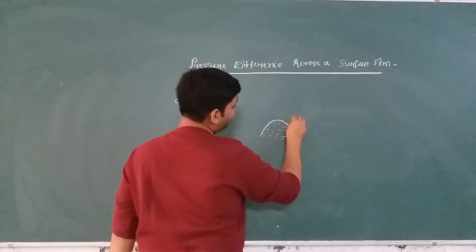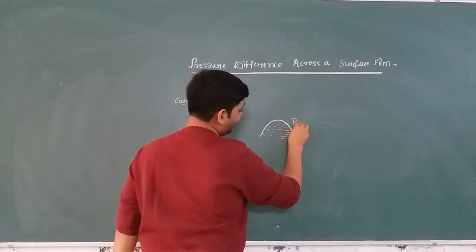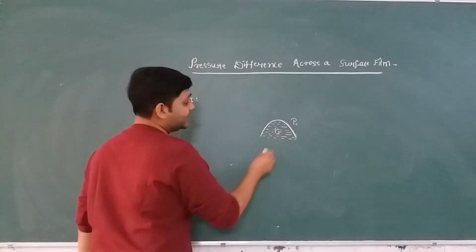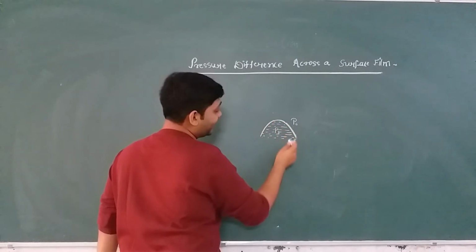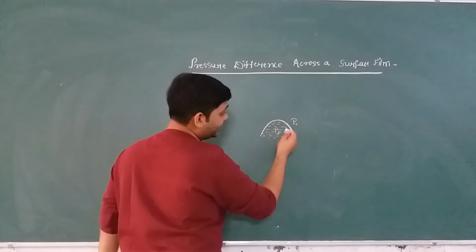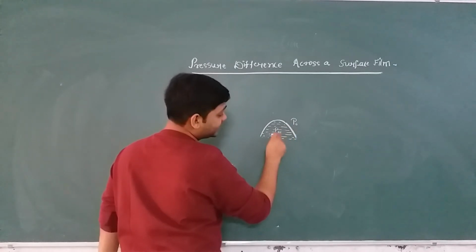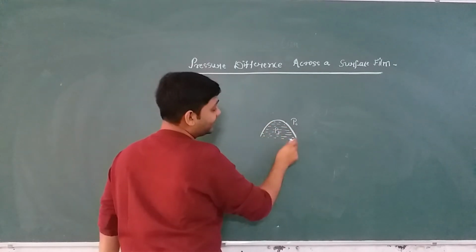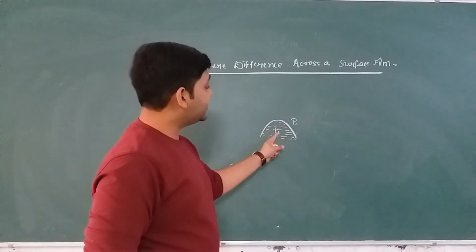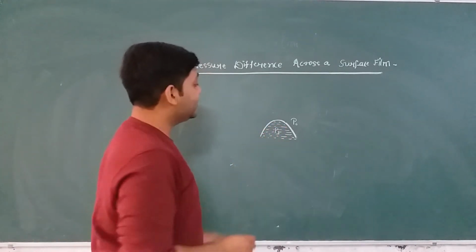Suppose the pressure outside is Po and the pressure of the liquid is Pl. Now since the surface molecules are experiencing a net force in the inward direction, this force is actually directed towards the center of curvature of the curved surface. So now this force must be balanced by some other force.